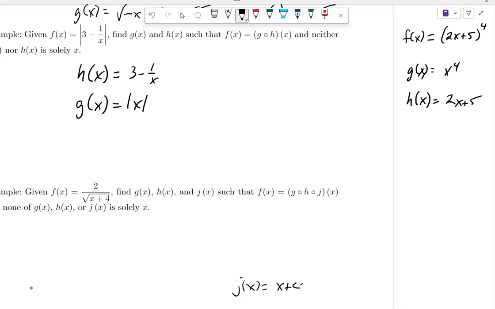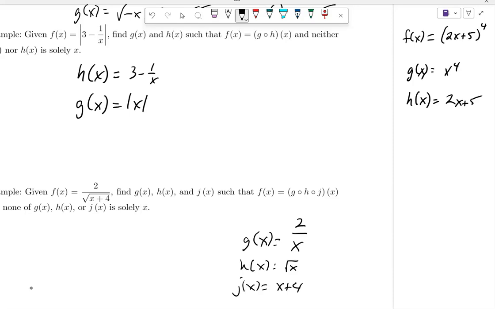That's the thing that's on the inside. What's x plus 4 inside of? The square root. So what do you think you'd let the h piece equal? Square root of x, right? Good. And then where is the square root? It's in the denominator, right? So what should you let your outside thing be? 2 over x, yeah.